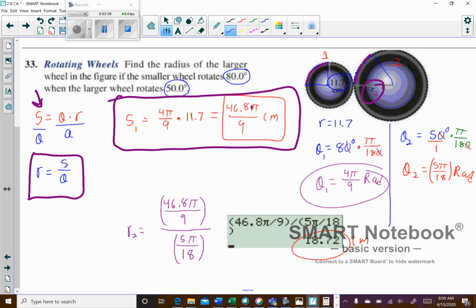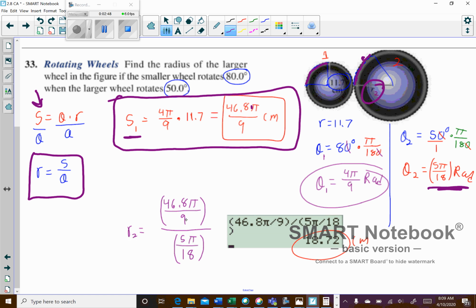And so I know what the arc length is of my large one. I know that it's going to be the same as the arc length of the smaller gear, okay? So that's going to be my arc length right here, okay? And then my angle, I figured that out over here earlier, 5 pi over 18.